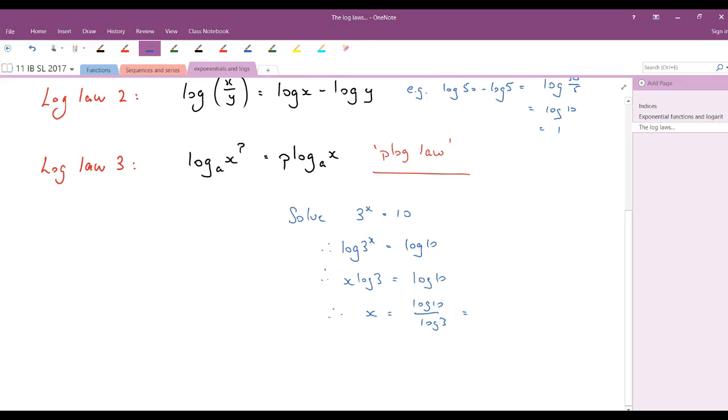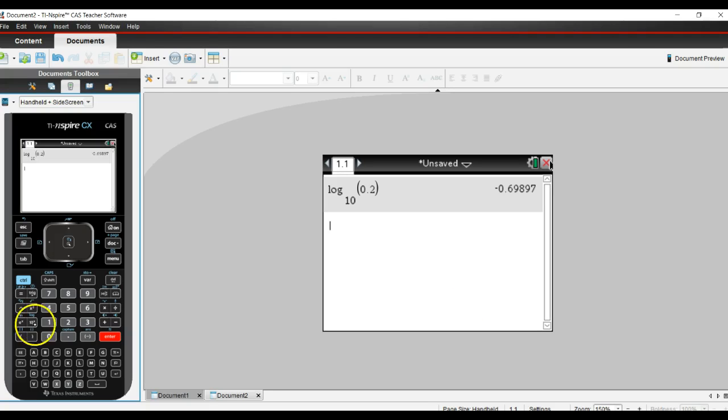Well, log 10 is just 1, but I'll put it in the calculator: log 10 divided by log 3, still base 10, hit enter.